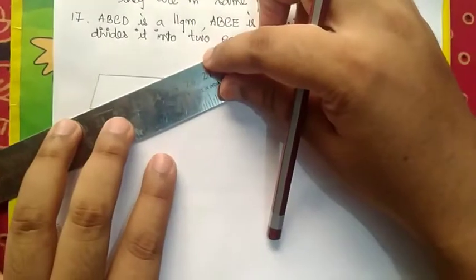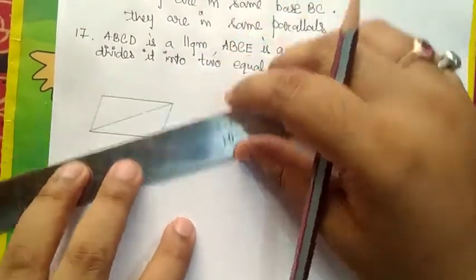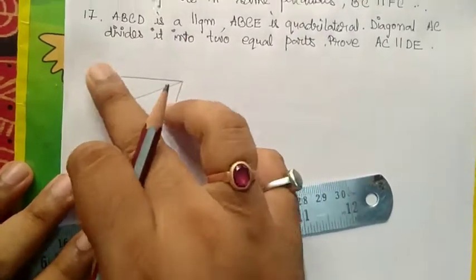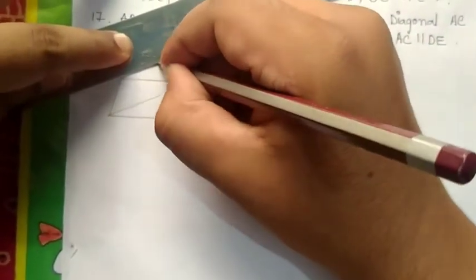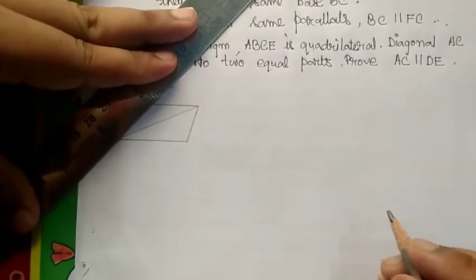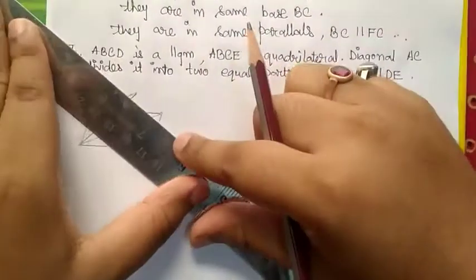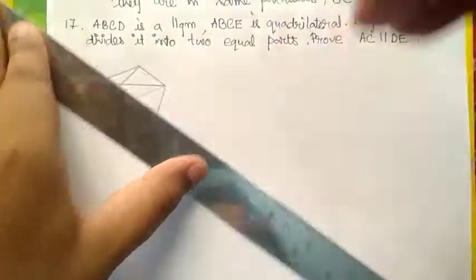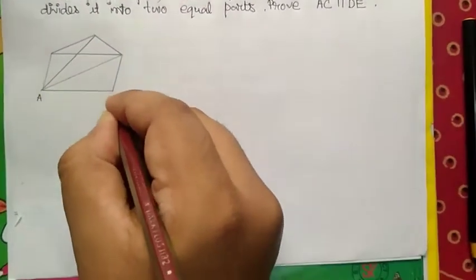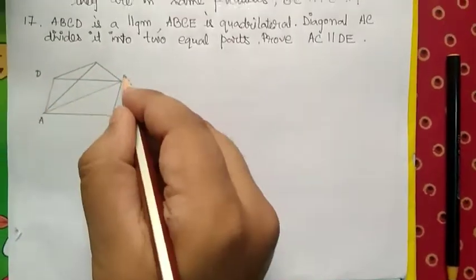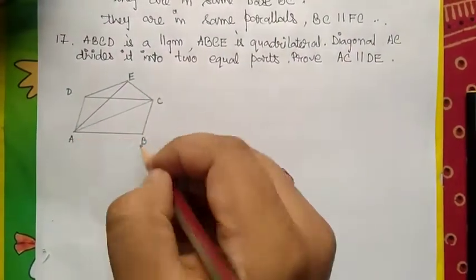The diagram should be like this, where this is ABCD parallelogram, where AC is the diagonal, and another is ABCE, this is a quadrilateral.